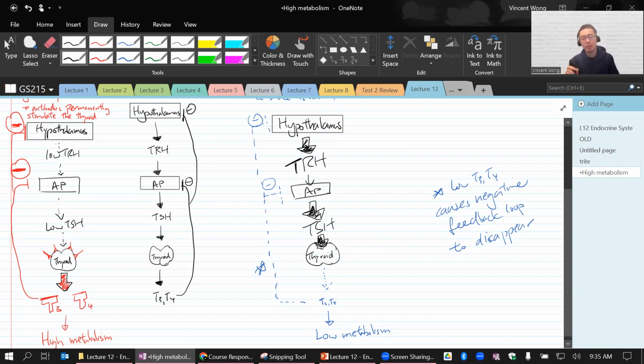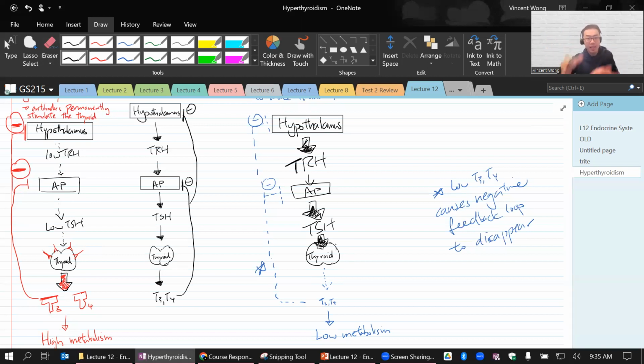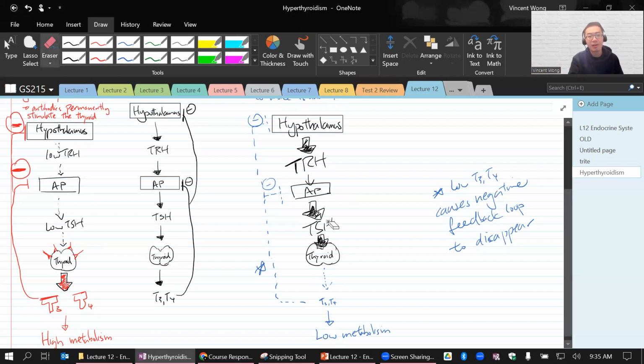But here's the problem. It's the exact opposite compared to hyperthyroidism. Despite having high TRH and TSH, despite all the stimulation you're giving to the thyroid, it's still not able to make T3, T4 because you don't have the raw material. So the blood work for someone like this would be high TRH, high TSH, but low T3, T4.